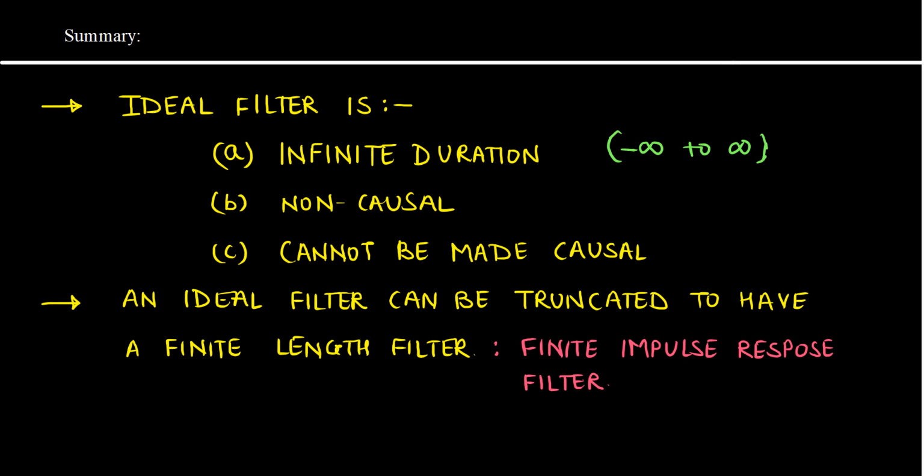We also saw that this ideal filter cannot be made causal, because for making it causal we require an infinite amount of delay. So if we eliminate this infinite duration, we can make this non-causal system a causal system. We truncate the ideal filter to get what we call a finite length filter, or finite impulse response filter, referred to as an FIR filter.